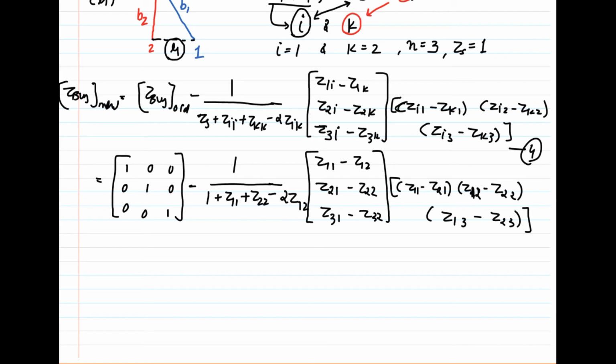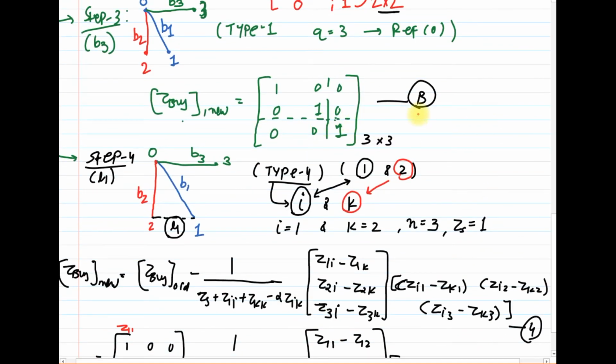That means, yes, you have to substitute here. If you wish, you can write this is your Z11, which, yes, all these elements is derived from your previous matrix, or I can say Z bus old matrix which you have derived in the previous step, which is step number 3.